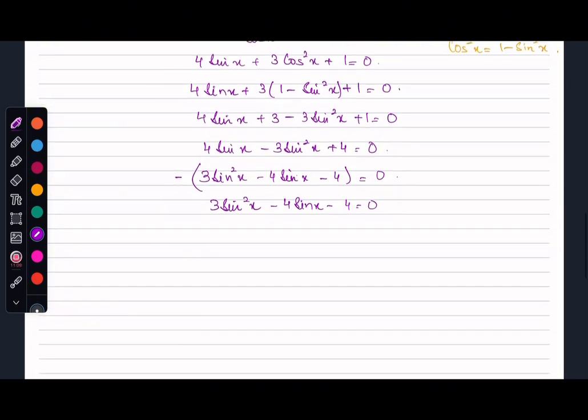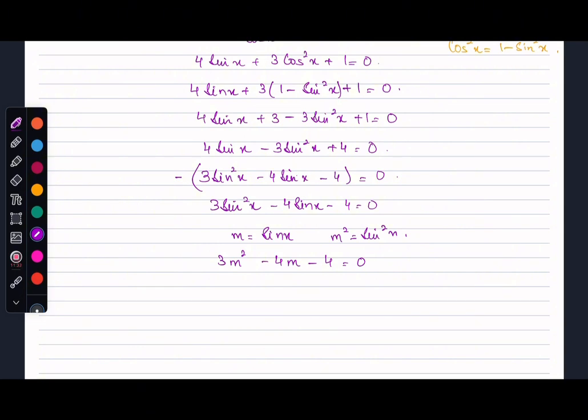If I just let m equal sine of x and m square equals sine square x, my disguised quadratic equation is 3m square minus 4m and minus 4, which is equal to 0.